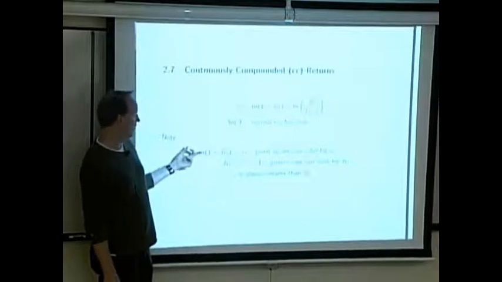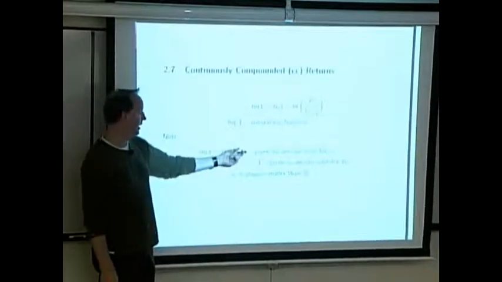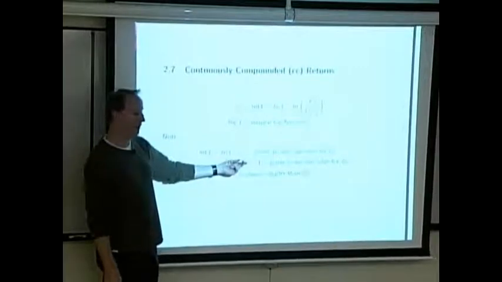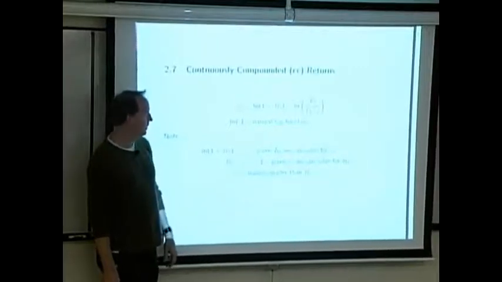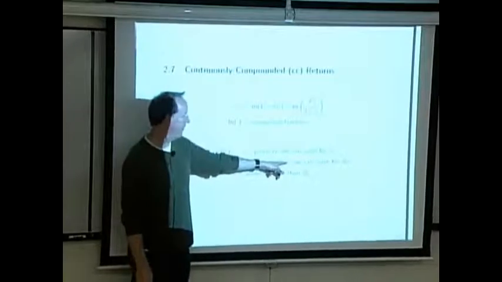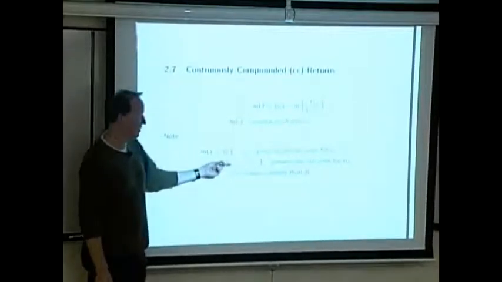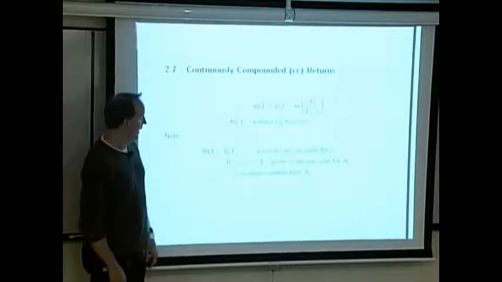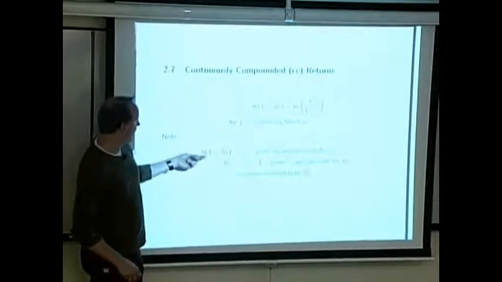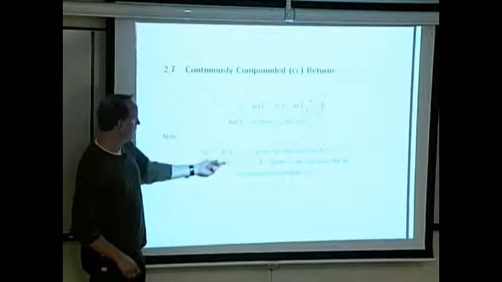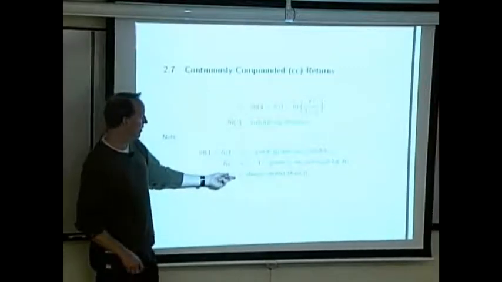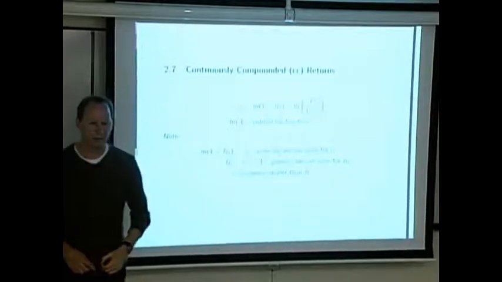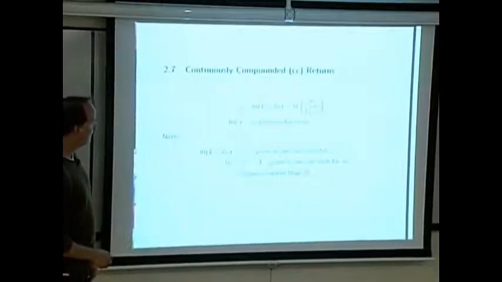We can exponentiate the left-hand side and the right-hand side and get that the simple return is e to the continuously compounded return minus 1. So given the continuously compounded return, we can use this relationship and solve backwards for the simple return. Now, because of the logarithmic transformation, the continuously compounded return is always a smaller number than the simple return.